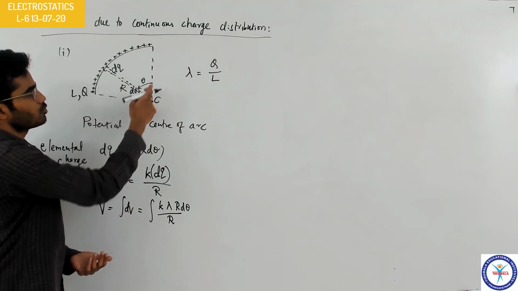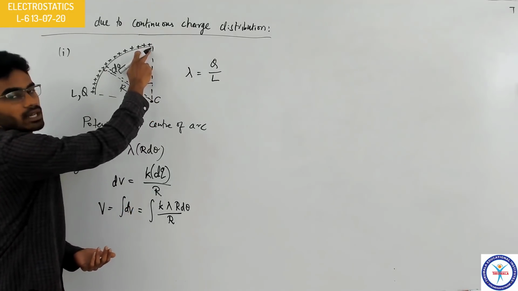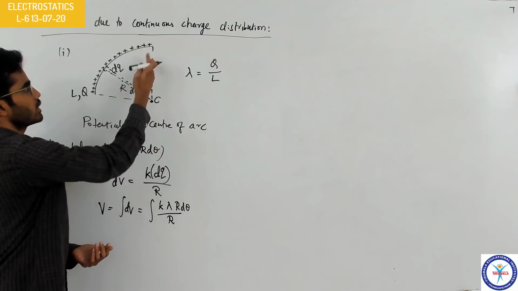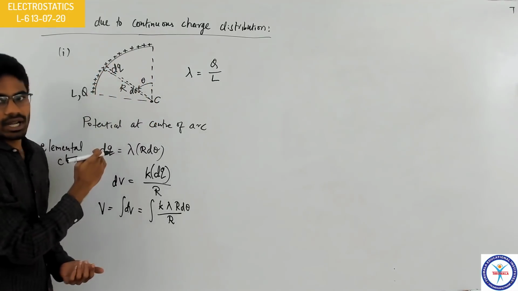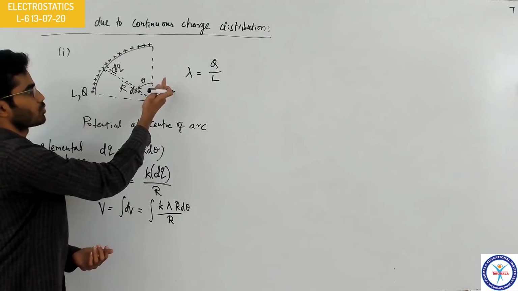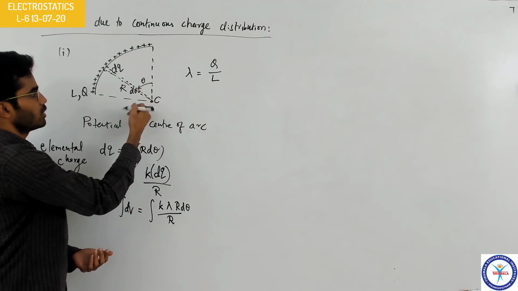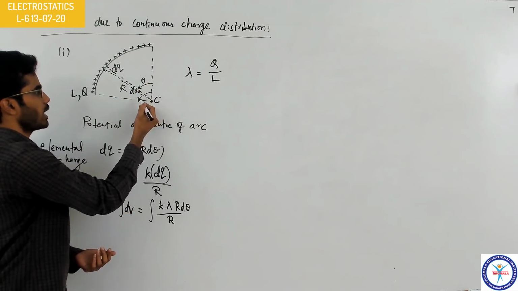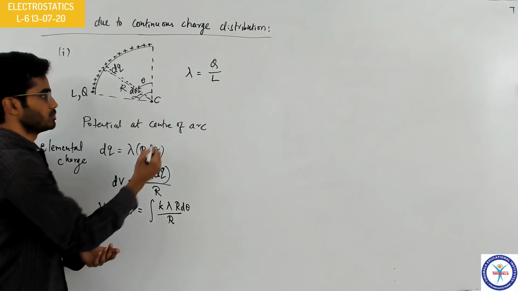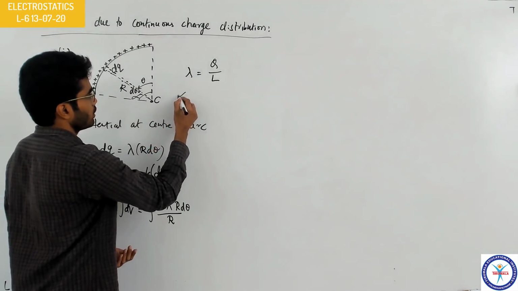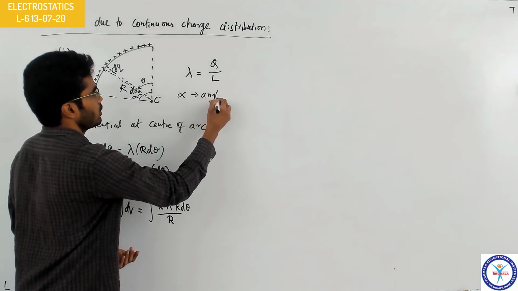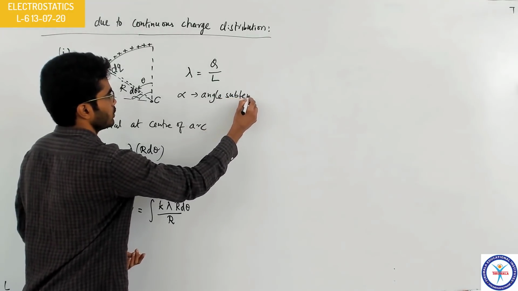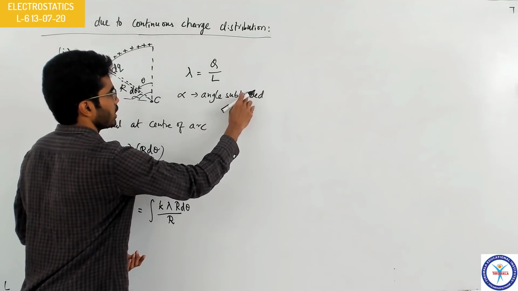The smallest value for theta is 0, then this charge is included. As you increase theta, all these portions are covered. So our integration should be carried from 0 to a particular value. Let us say alpha is the total angle subtended by the arc.